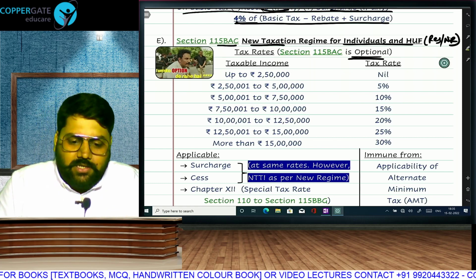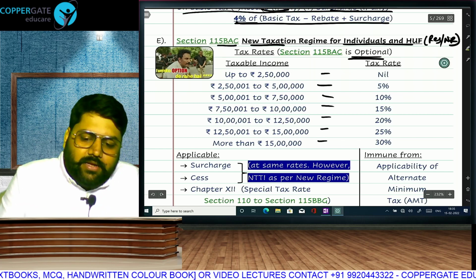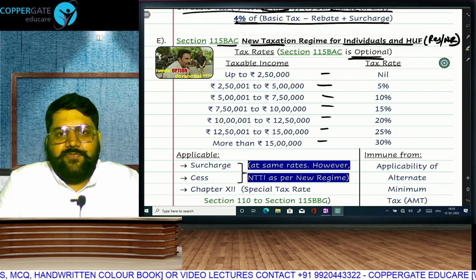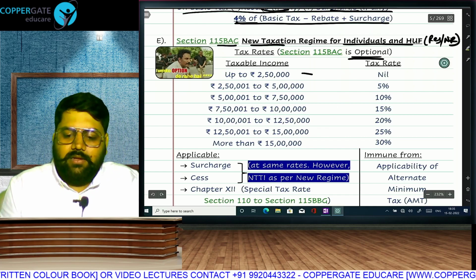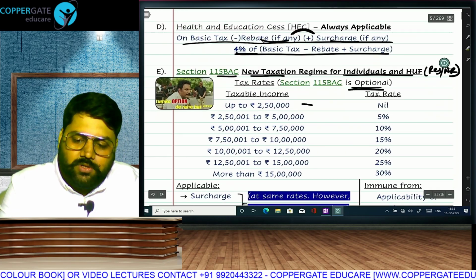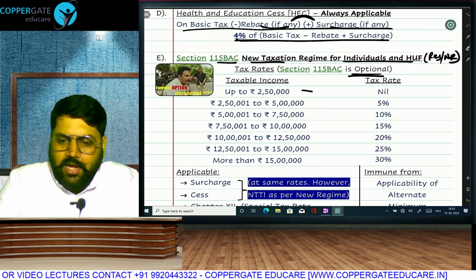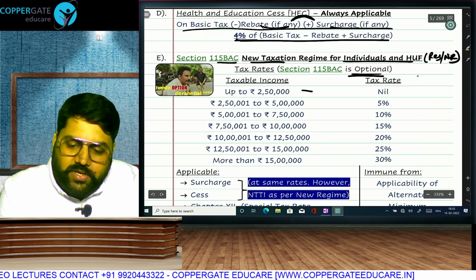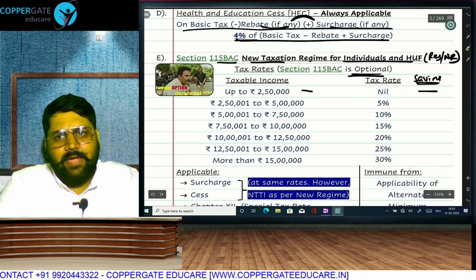Now what are the rates? Observe carefully. Slabs are increasing by 250, rate increasing by 5%. So if you carefully observe, first 2,50,000, what was the rate in the old regime also? 0, basic exemption. In the new regime also 0. So is there any saving? No. Same rate in old and new.